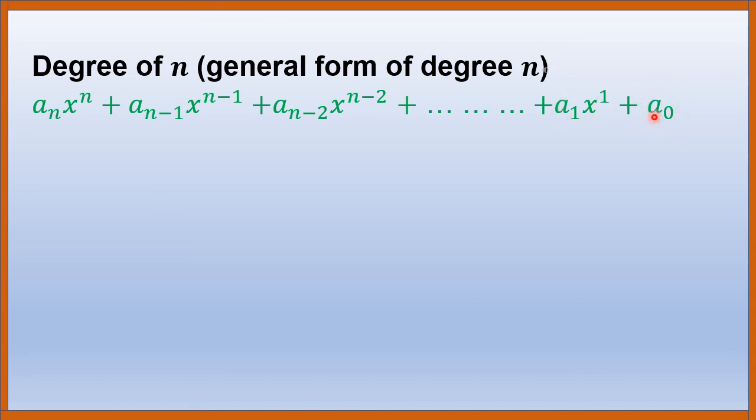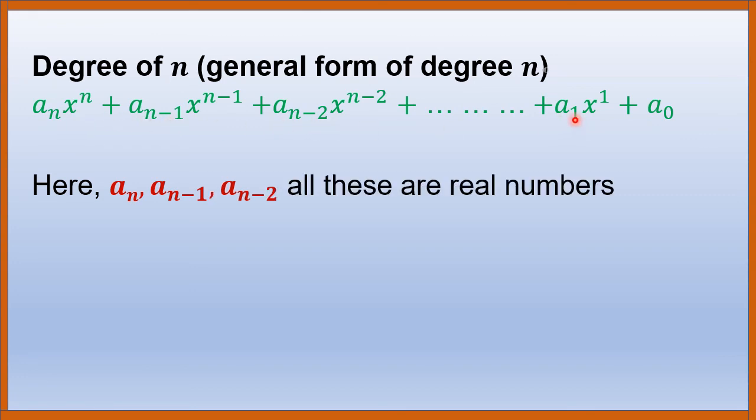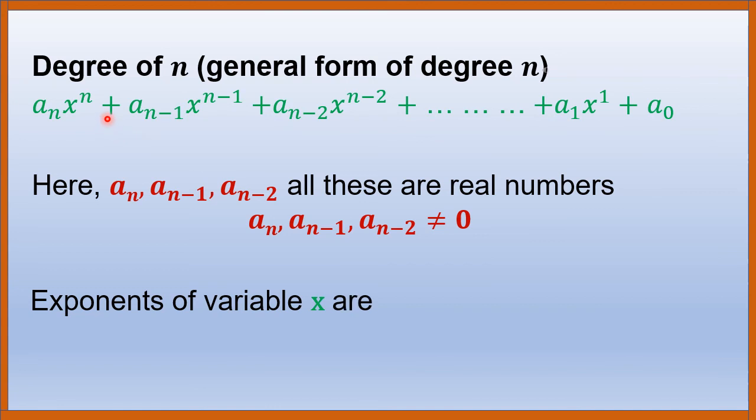Here an minus 1, an minus 2, all these are real numbers. an not equal to 0. Suppose an minus 1, an minus 2, so on becomes 0, the each individual term becomes 0. Exponent or power of variable x are n, n minus 1, n minus 2 and so on.